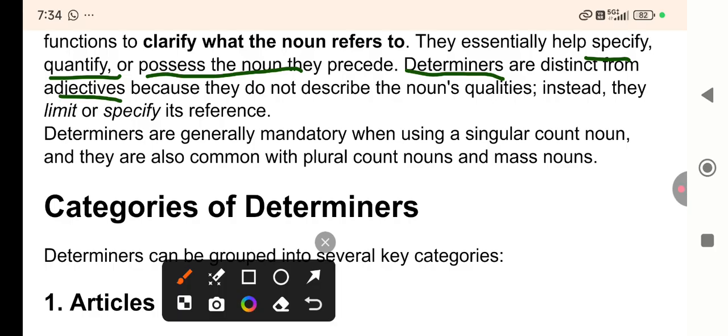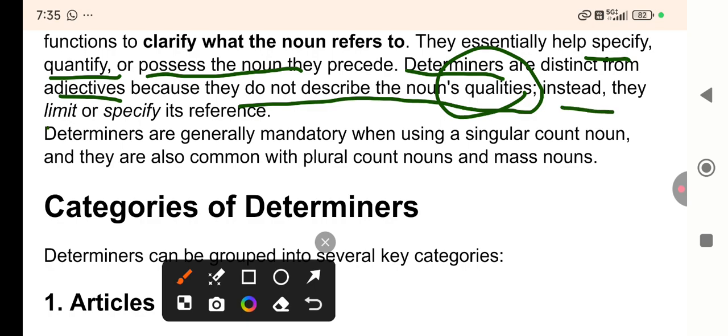So determiners do not describe a noun's qualities, right? Instead, they limit or specify its reference. So a determiner describes the noun's limit. They specify, they clarify the status of the noun. So this is the difference.